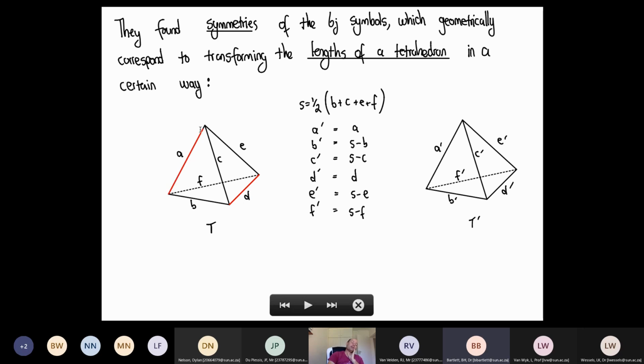I choose a pair of opposite edges, A and D, and then I define s to be half the sum of the remaining edges. Then I make a new tetrahedron with new lengths A', B', C', D', E', and F', given by this formula here. I leave the lengths of A and D the same, but I change the lengths of B', C', E', and F'. So I form a new tetrahedron with different lengths.